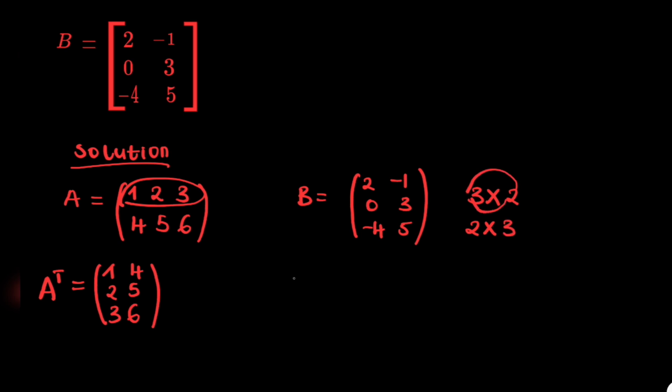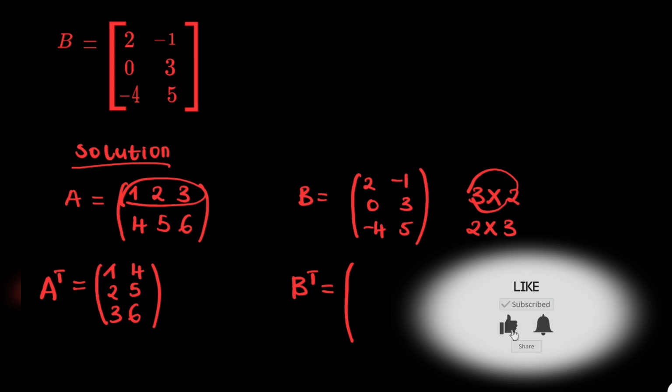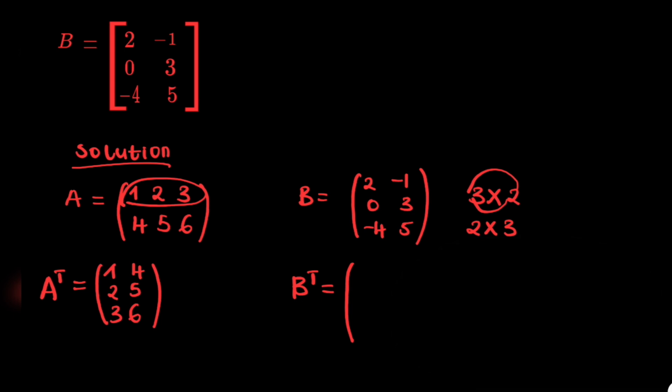Here again, for B transpose, the first row will become the first column of our transpose matrix. The second row of our original matrix will become the second column, and the third row of the original matrix will become the third column of our transpose matrix.